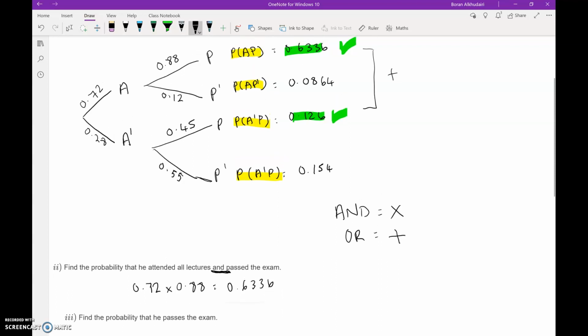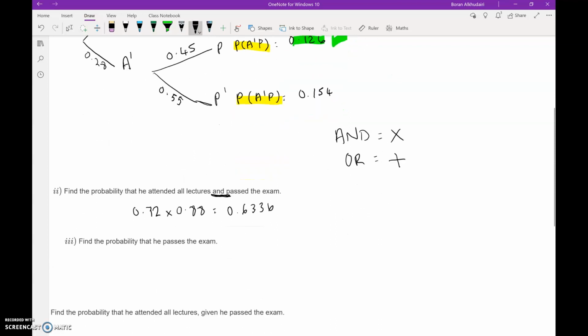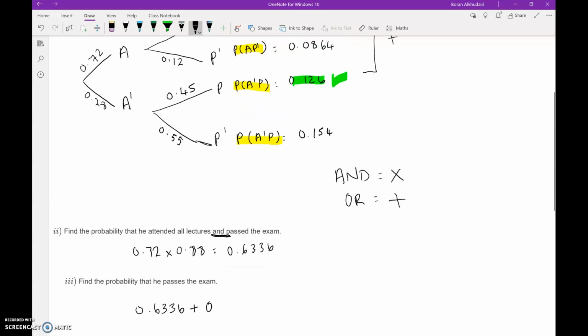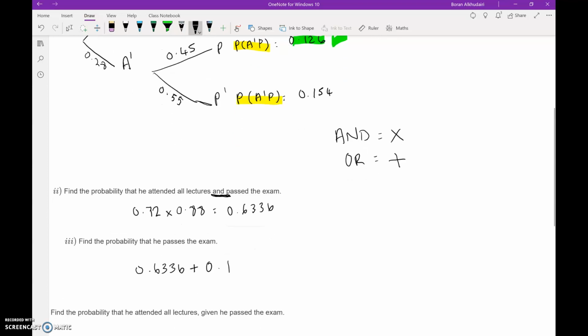So 0.6336 plus 0.126. And let's see what that is. 0.6336 plus 0.126 is 0.7596.